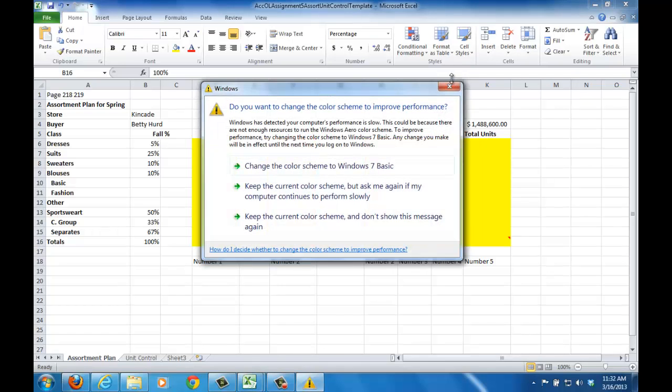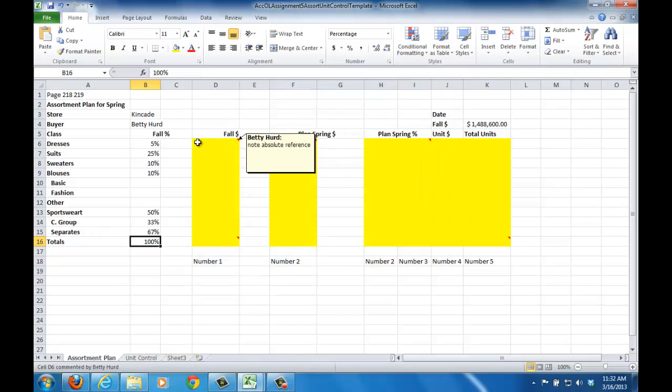So the question is, we want to find out how many fall dollars we had. If you think about it, you can take the total fall season dollars times 5% to give you your fall dollars. And you can do that same calculation as we go down.